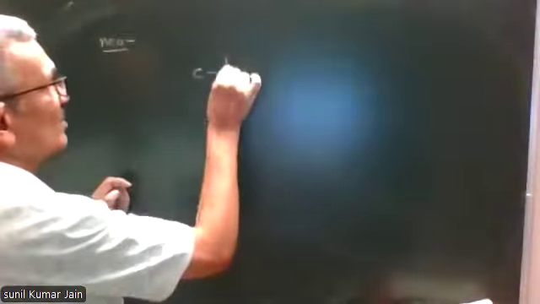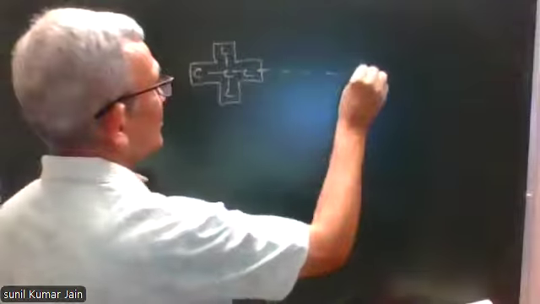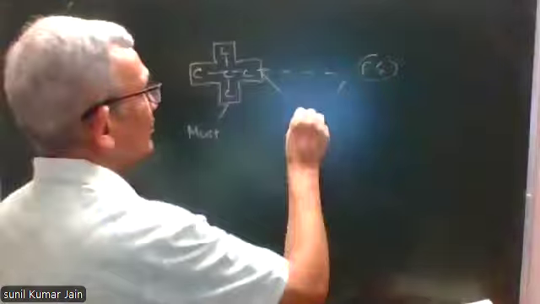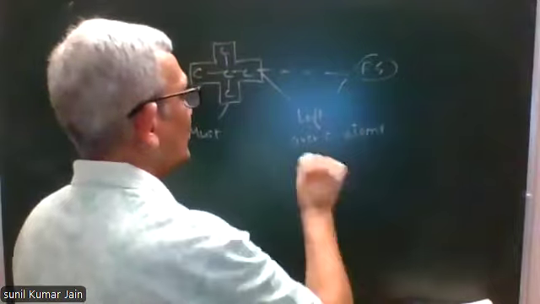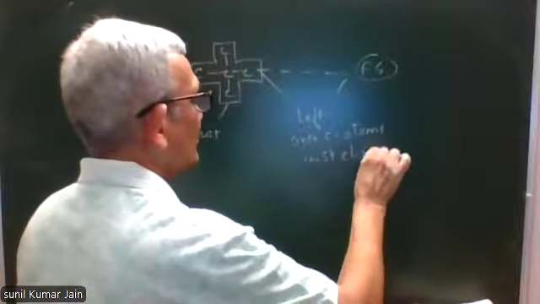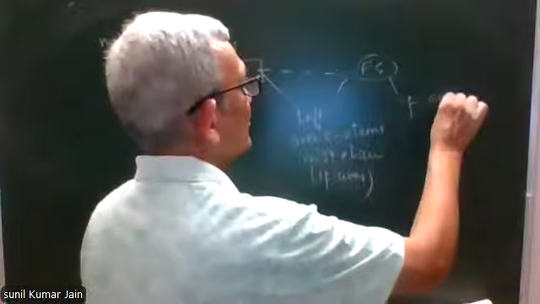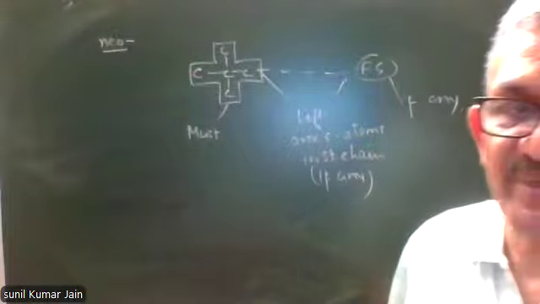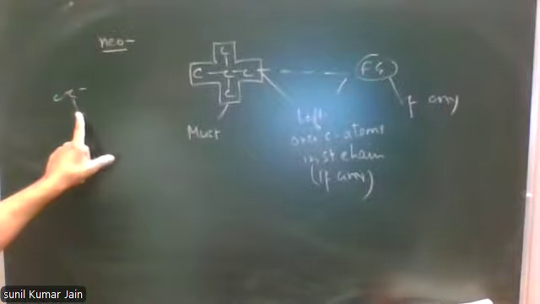Now, where do we use the prefix neo? It is similar to iso, with the only difference that in case of iso, this was compulsory.